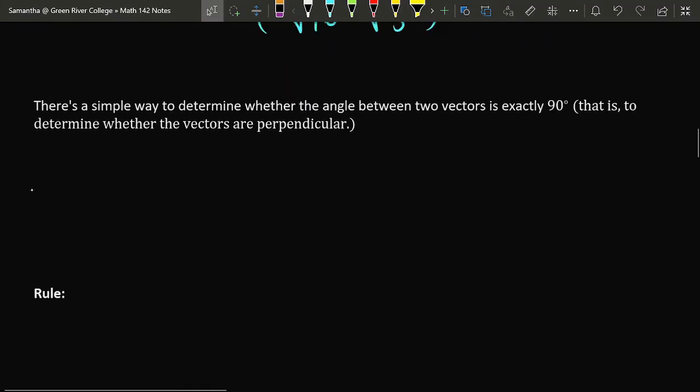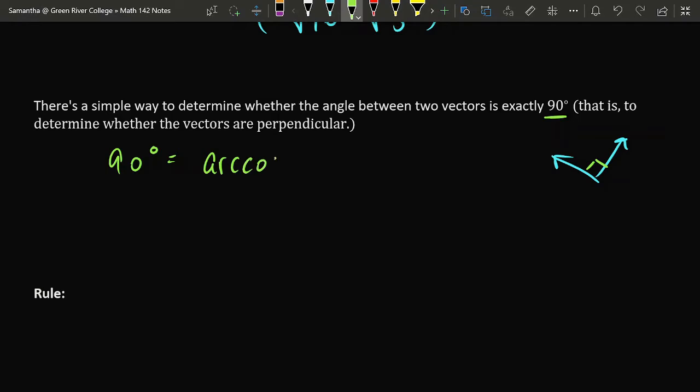Now there's a quite simple way to determine whether the angle between two vectors happens to be exactly 90 degrees. In other words, to see whether the two vectors are perpendicular. Now, if the angle between the two is exactly 90 degrees, then 90 degrees would be equal to inverse cosine of v dot w divided by the length of v and the length of w.